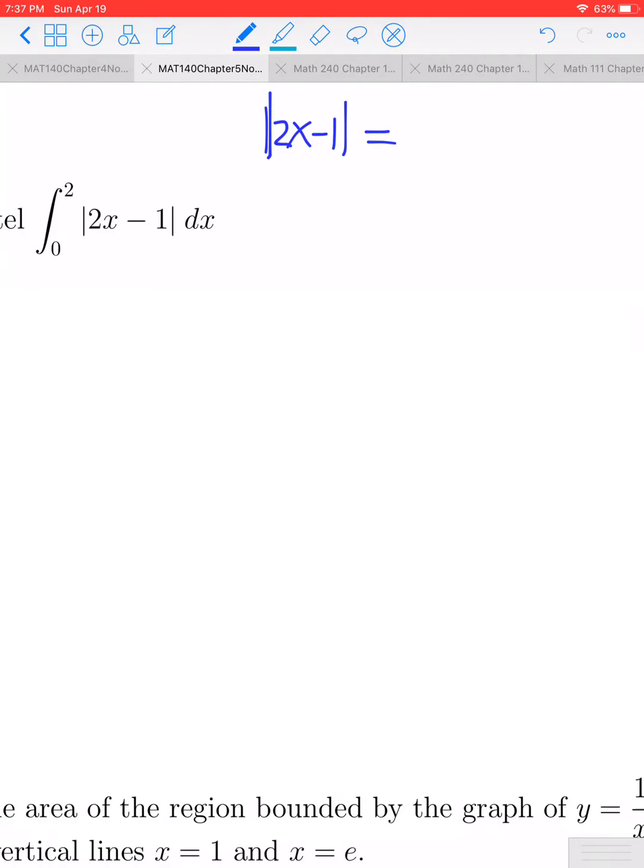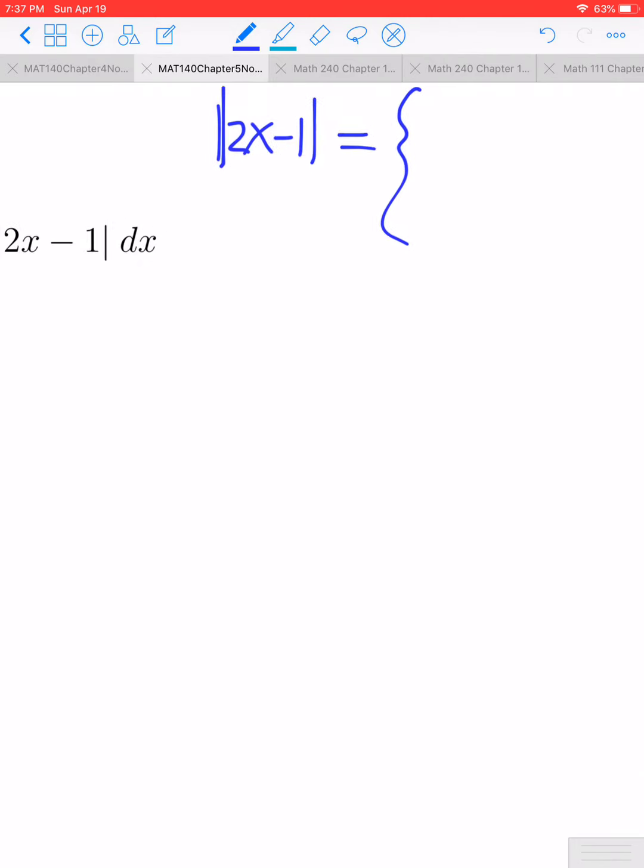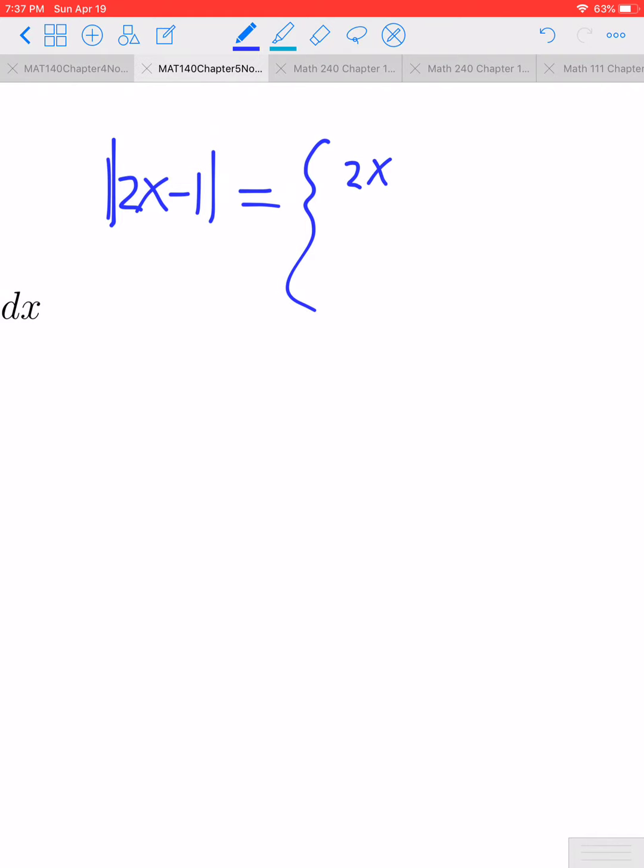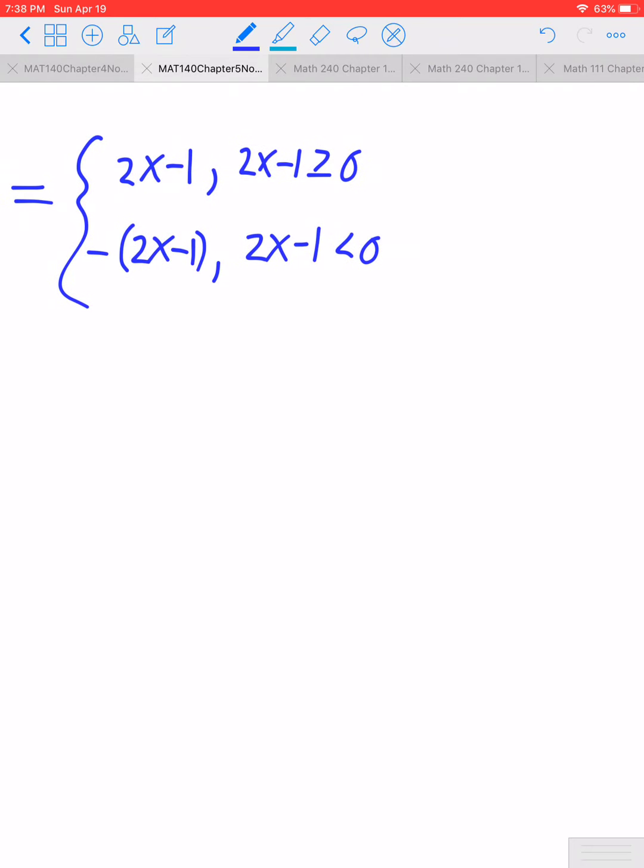The absolute value of 2x minus 1 is going to be equal to the thing inside the absolute value bars when that thing is greater than or equal to 0, or it'll be equal to the opposite of the thing on the inside when the thing on the inside is less than 0. That is, this is going to be equal to 2x minus 1, and if you solve this test condition, you would add 1 divided by 2.